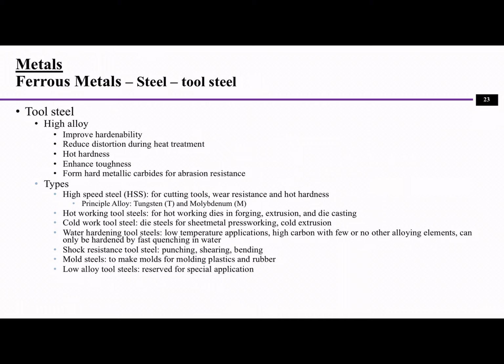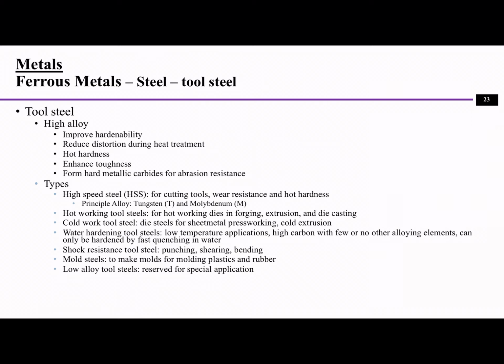Another type is tool steel. Because in some extreme or higher requirements, higher for either temperature or strength or load, right? It requires the metal to be very high performance in order to process other metals or other materials.